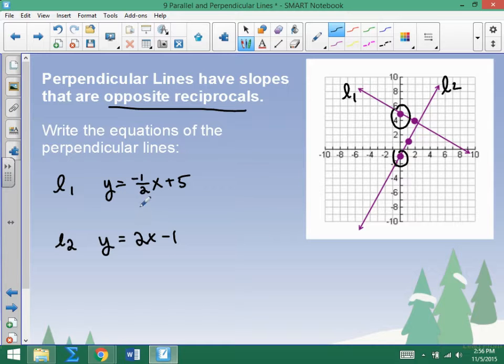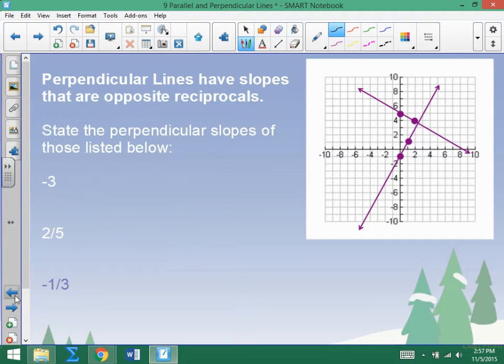So here we have slopes that are opposite reciprocals, and their y-intercepts are, again, different from each other. That will usually happen, but it's okay if the y-intercept is sometimes the same for perpendicular lines. That actually will only happen one time, and that would be if your lines' intersection was at the origin. Both would have a y-intercept of 0, but you'll usually find perpendicular lines always have different y-intercepts.